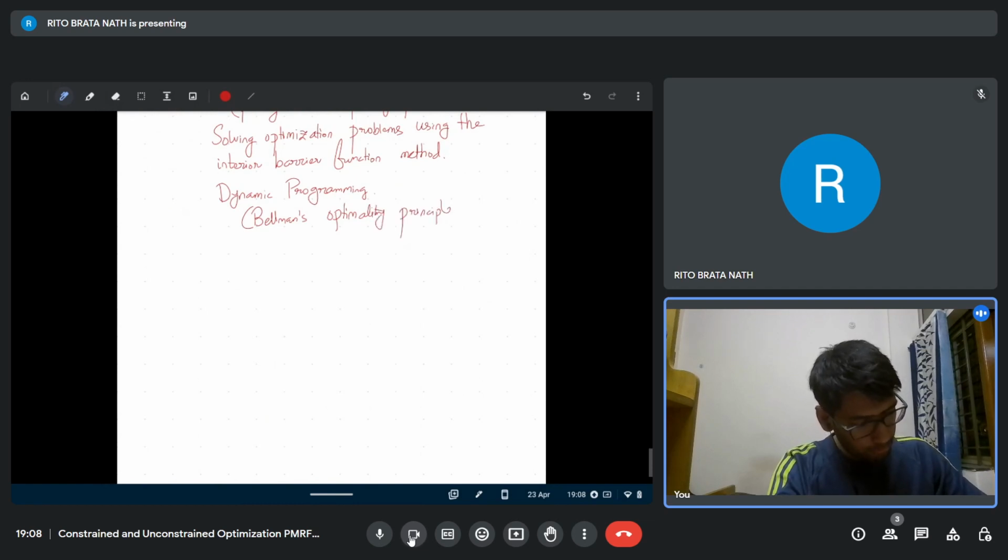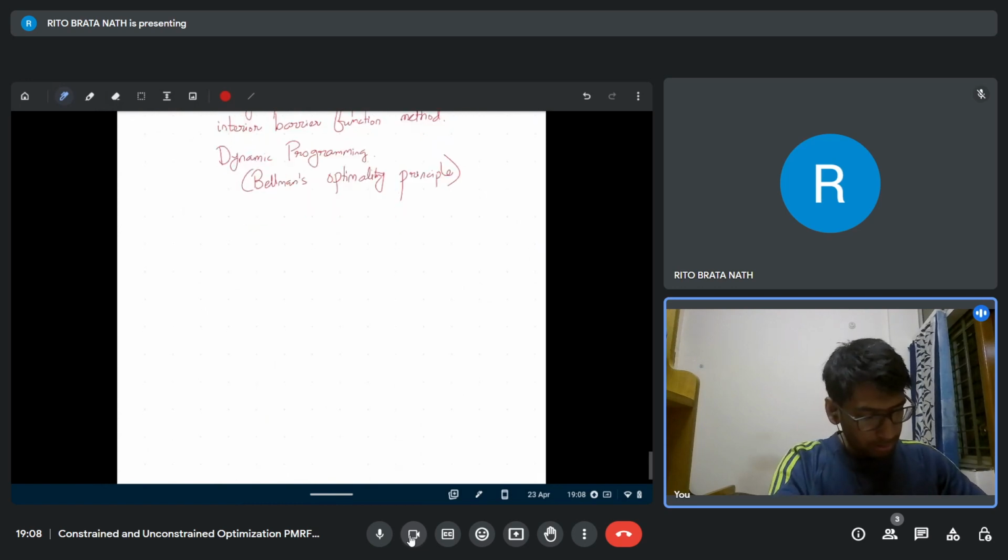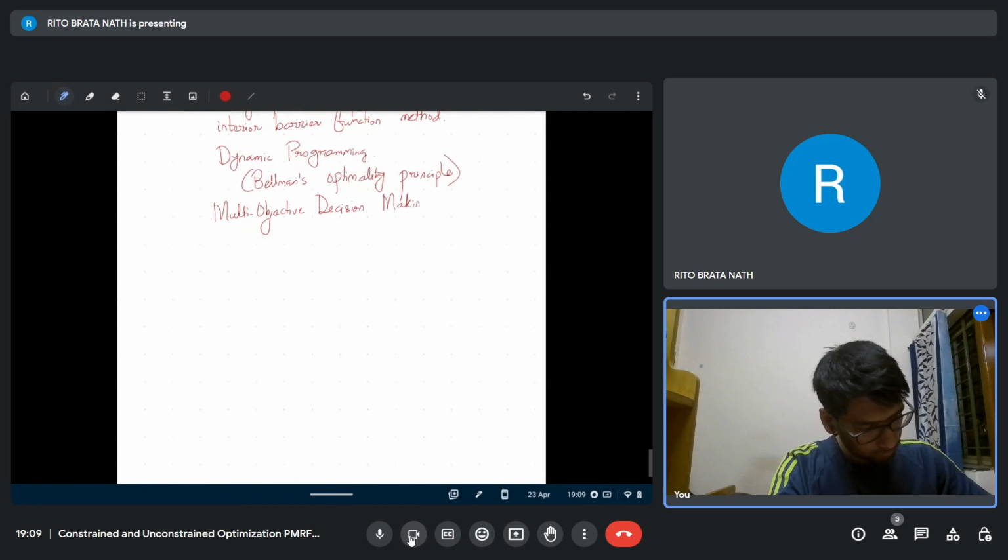Some optimization problems you can solve using this technique, where you use Bellman's optimality principle. Next is multi-objective decision making, or MODM.